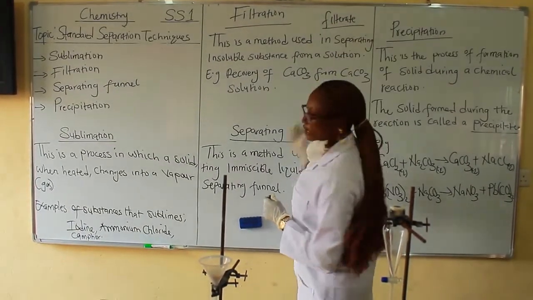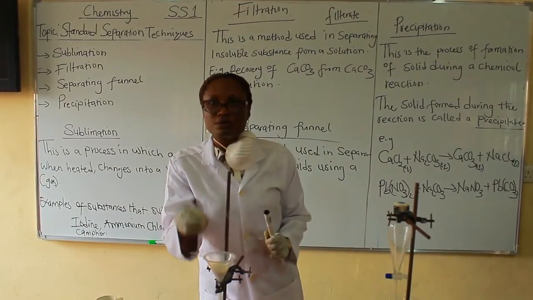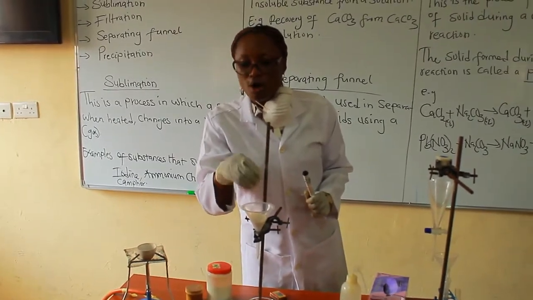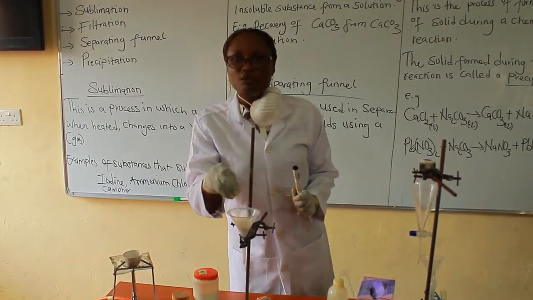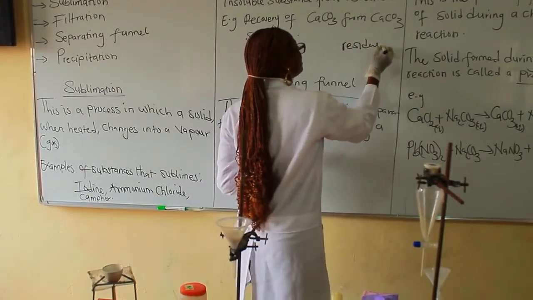Now at the end of this, you will see some particles of calcium carbonate that will stay on the filter paper. It is called the residue. So you have the residue and then the filtrate.